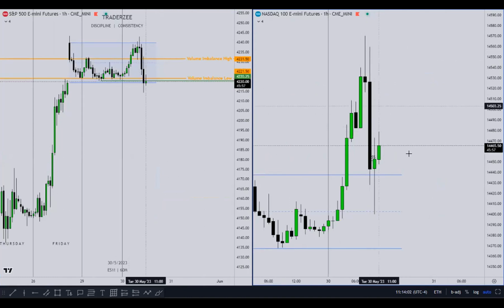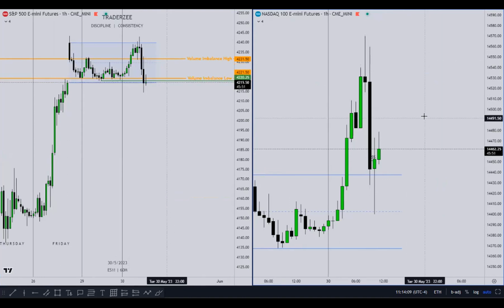So how I'm internalizing it, I'm saying it out loud: ES, nothing. I have no comments on it because it is chopping around. So the two assets that now are in my analysis basket are Nasdaq and dollar.